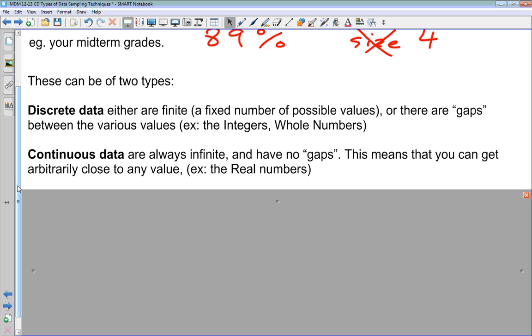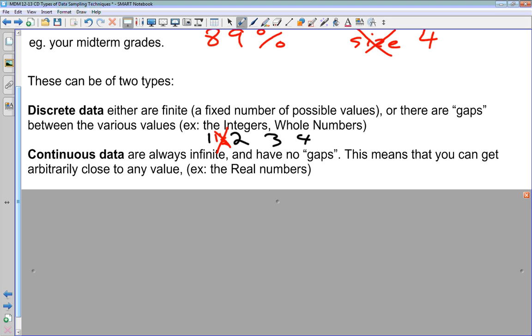So it's possible for us to have something that can only be measured by integers or whole numbers. Numbers like 1, 2, 3, and 4 are okay, but something like 1.5 is not okay. So there's a gap between 1 and 2 which we can't have any values for.